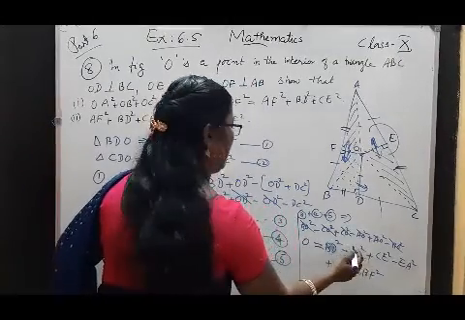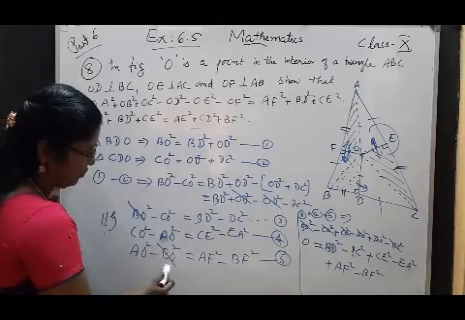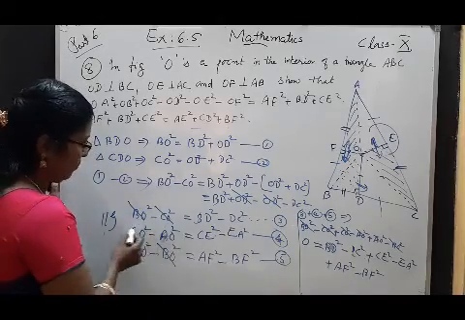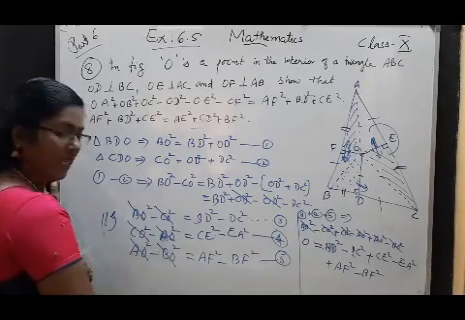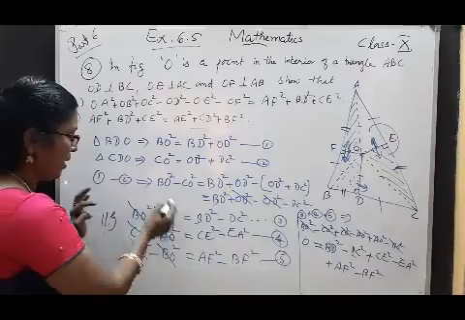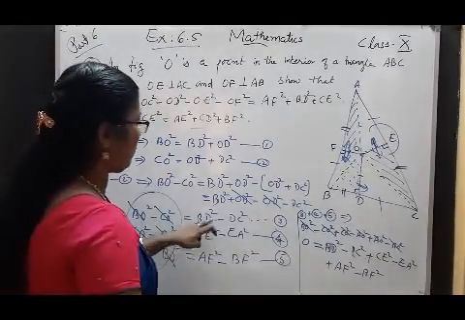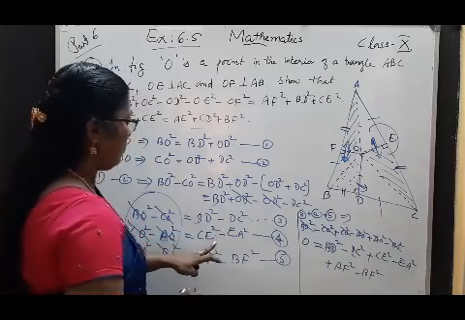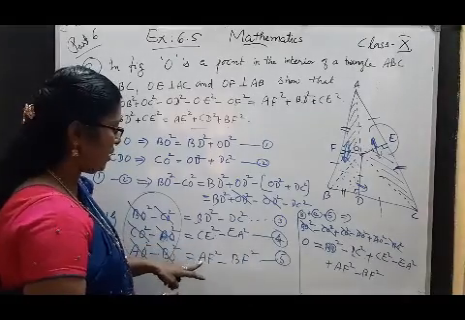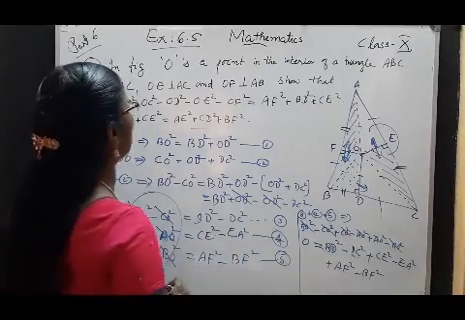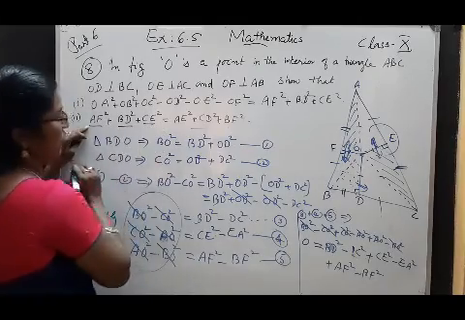On the left hand side, BO square and minus BO square cancel, minus CO square plus CO square cancel, minus AO square plus AO square cancel. By adding, this side is cancelled, 0. Then BD square minus DC square plus CE square minus AE square plus AF square minus BF square.